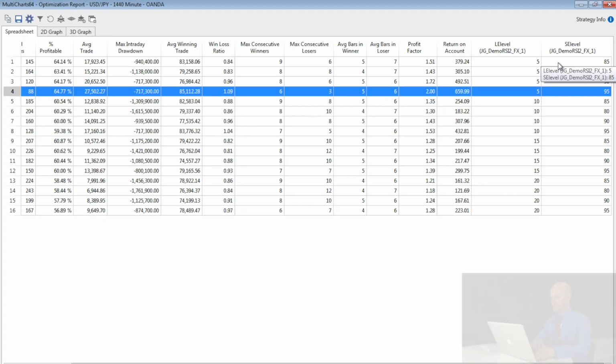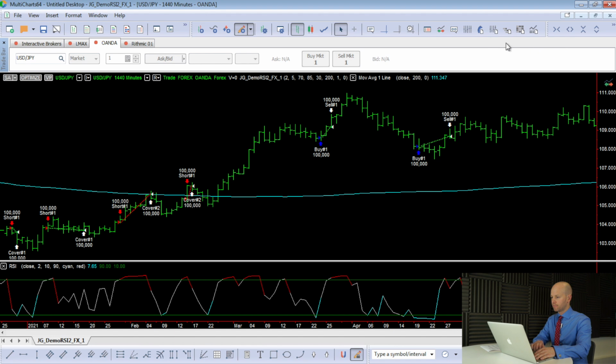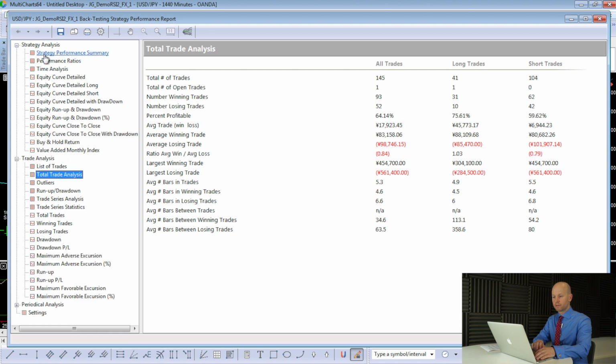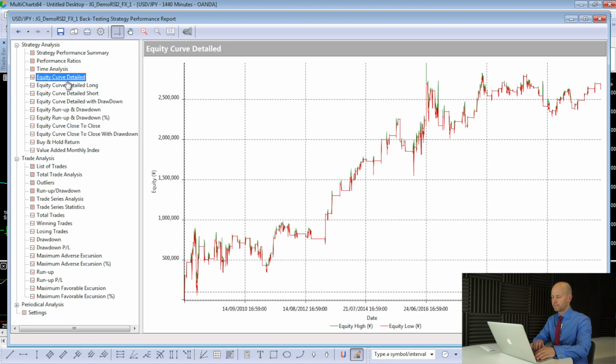So let's have a look at this final performance report. So 85 and 5 are best. So let's have a look at this. We've got a larger average trade now, 17,000. Making a tiny bit more money. And the equity curve is better.